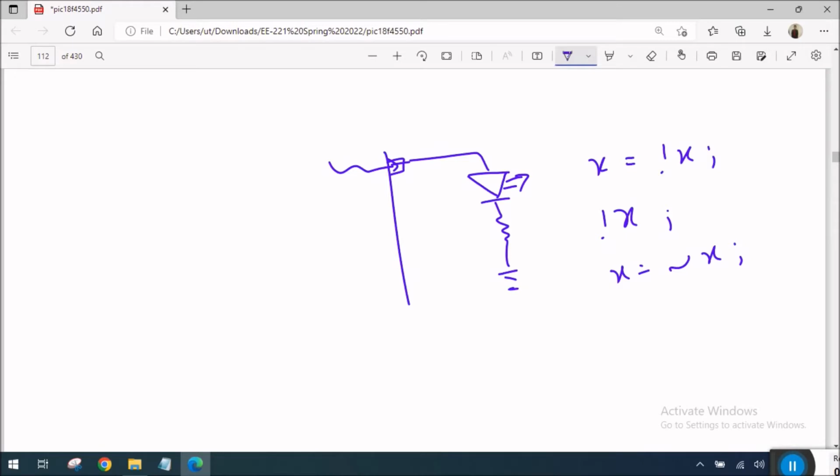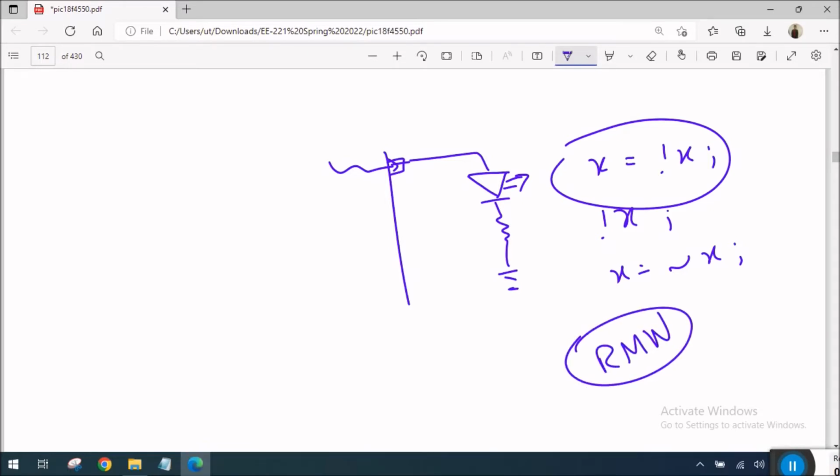So this is a read first, modify, and then write back operation. And all of this is done in a single cycle. Read, modify, write operation.